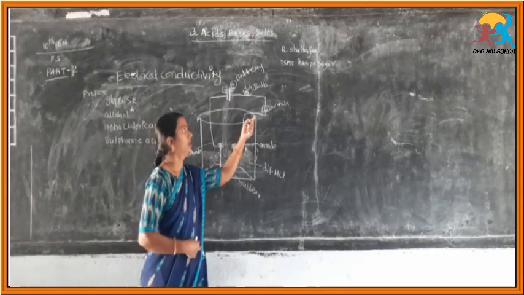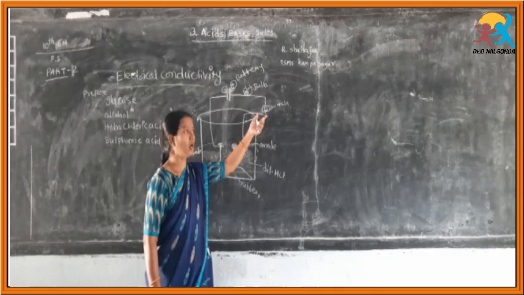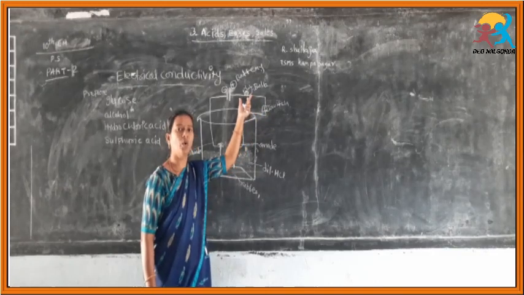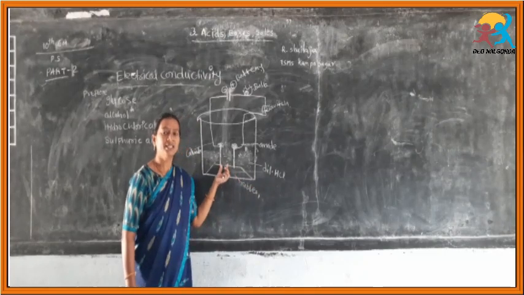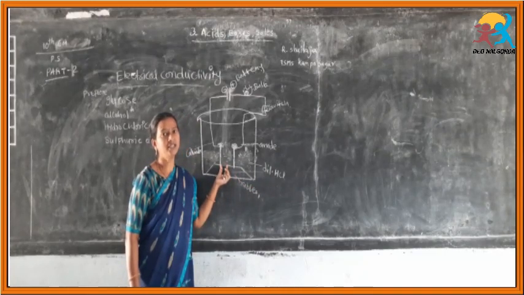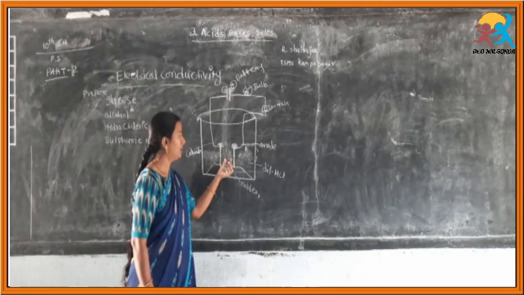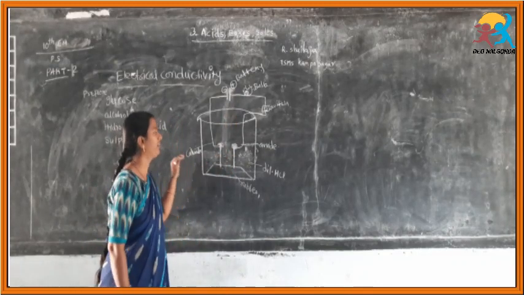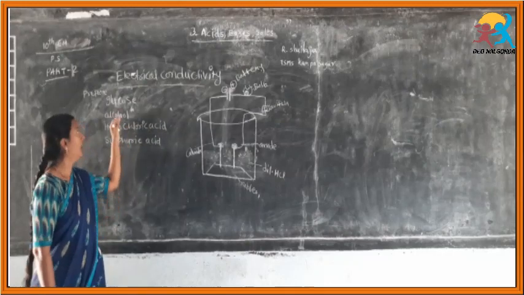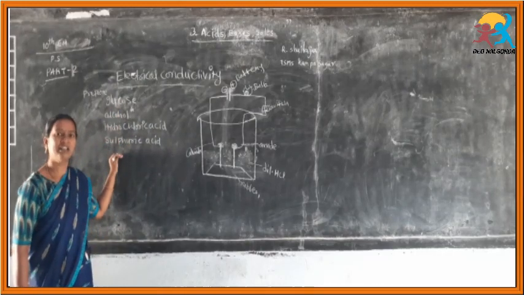Next we observe what happens. If the switch is on, the bulb glows. Why? Because dilute HCl is a conductor and allows the current, so the bulb glows. Repeat the experiment with the other substances also, like glucose, alcohol and sulphuric acid.